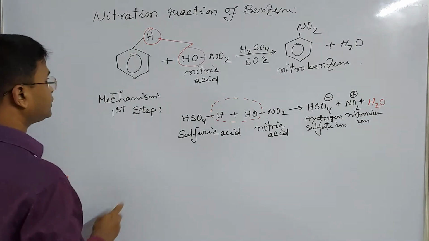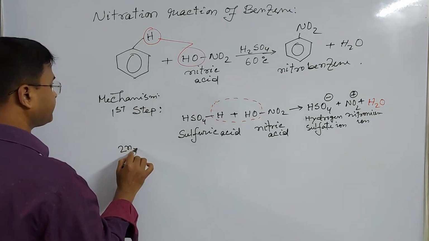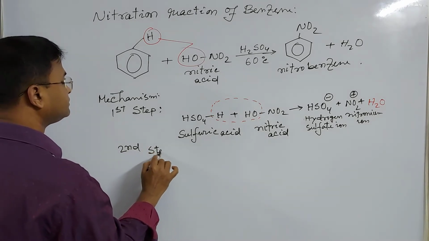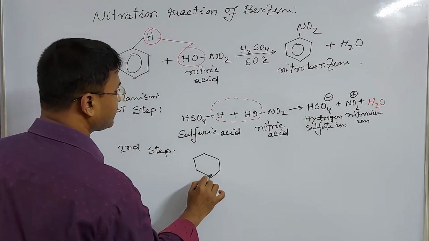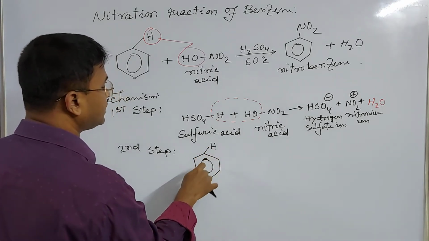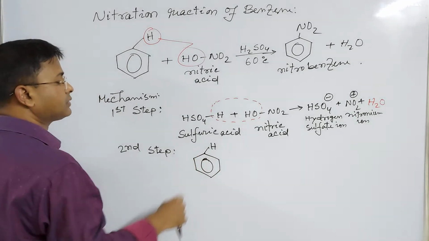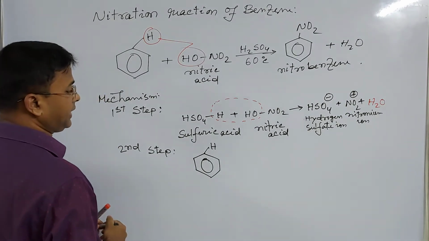And I'd like to show you the electrophilic attack on the benzene ring at the second step. This is the benzene ring, and you know that there is a circle. I have drawn a circle on the inner side of the hexagonal benzene shape.